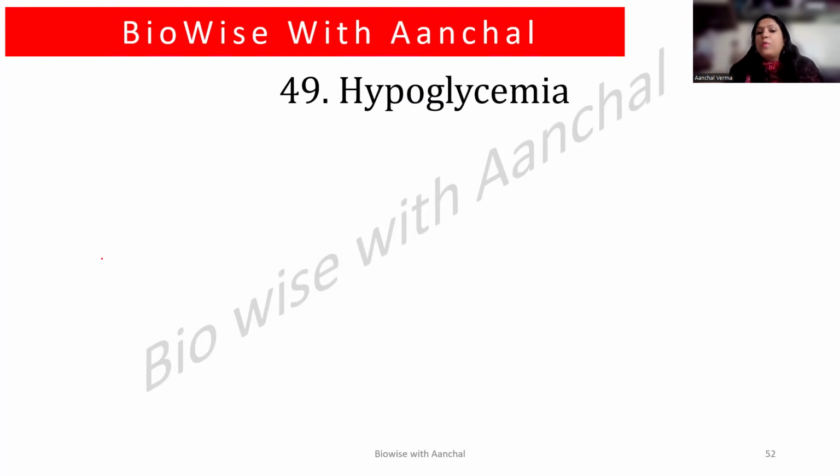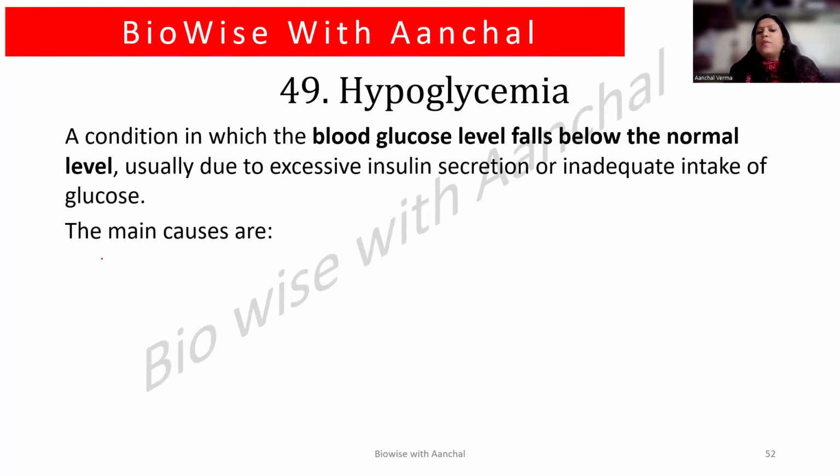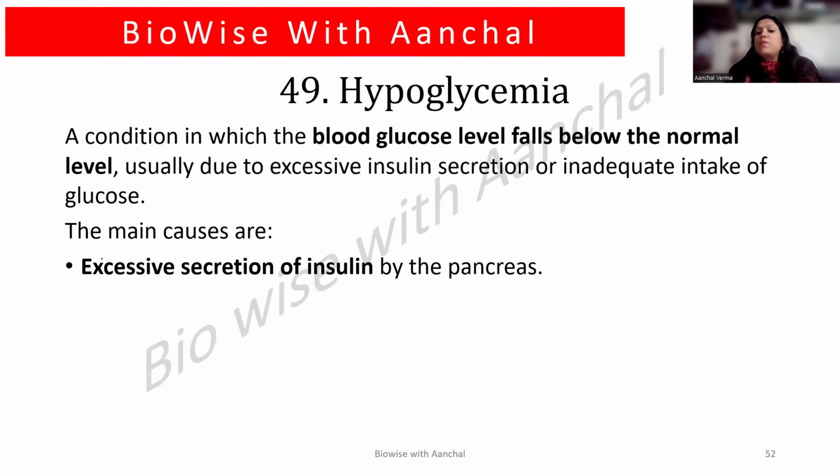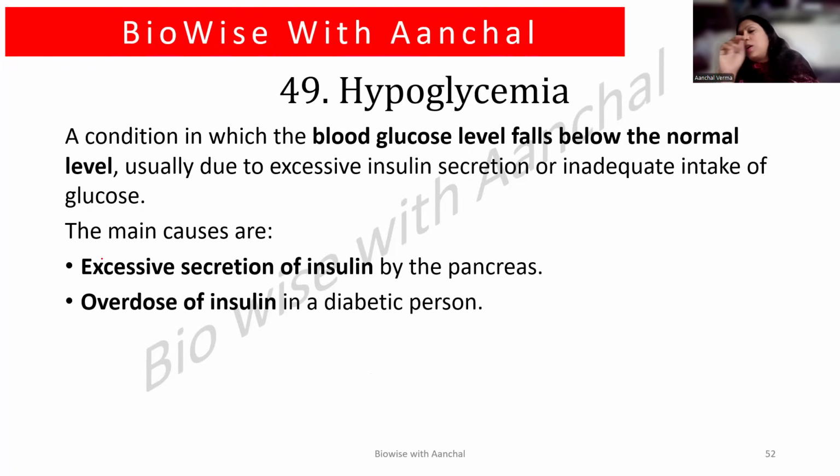Then you have hypoglycemia. Hypo means less, glycemia is glucose. It is a condition in which the blood glucose level falls below the normal level, usually due to excessive insulin secretion or inadequate intake of glucose. The main causes include excessive secretion of insulin by the pancreas and overdose of insulin. People who are insulin dependent take insulin injections.